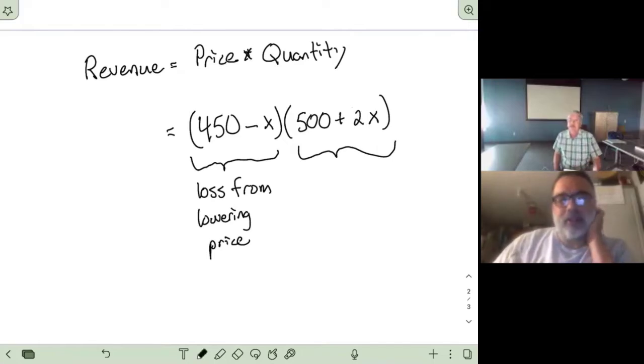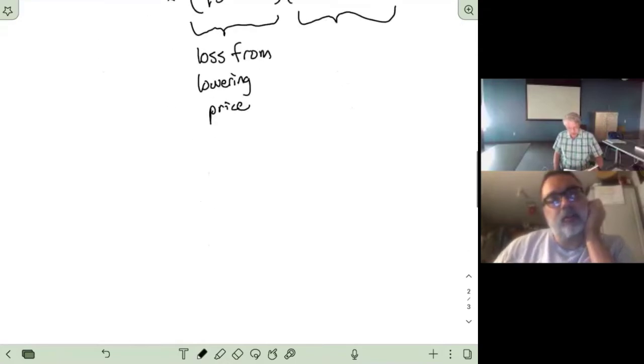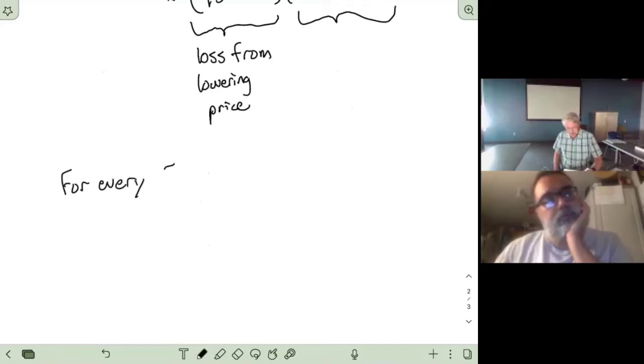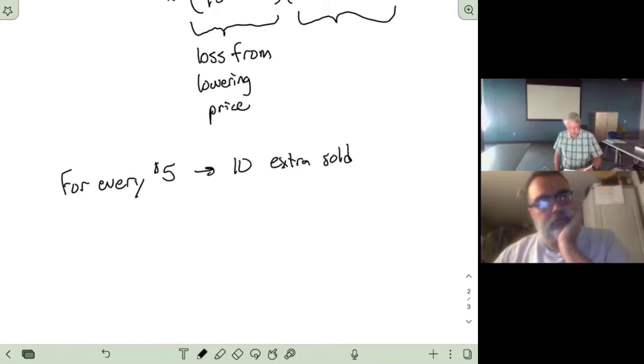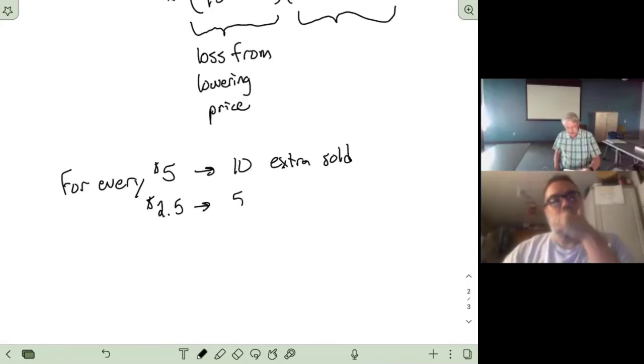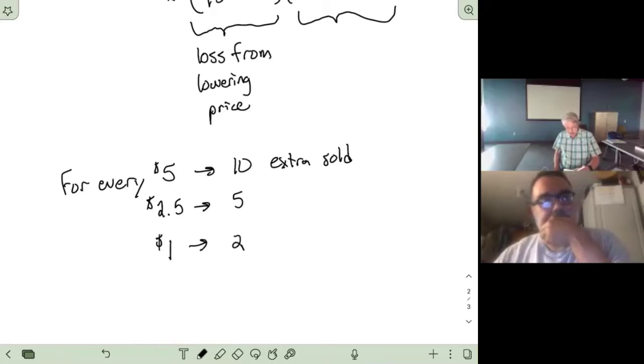Wait. Can you spell that out for me a little bit more? Sure. So if we said that for every $5 in reduction, there is 10 extra sold, that would mean if I lowered the price 2.5, I would get 5 extra sold, and if I actually divided the original both by 5, that would be $1 and then 2 extra sold.